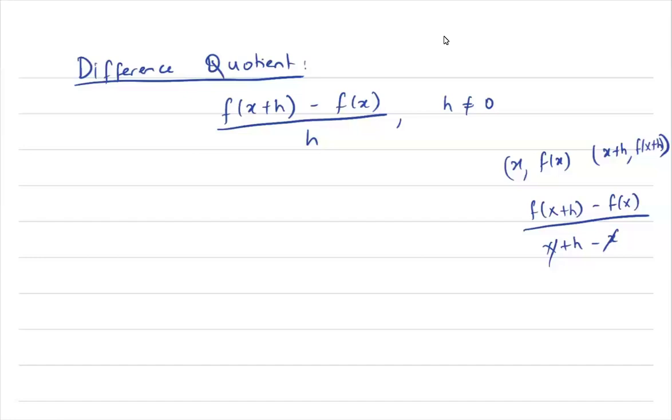That is one way of looking at it. You can look at it as the average rate of change. But in this video, we are more concerned with just looking at the algebra of simplifying this quotient.